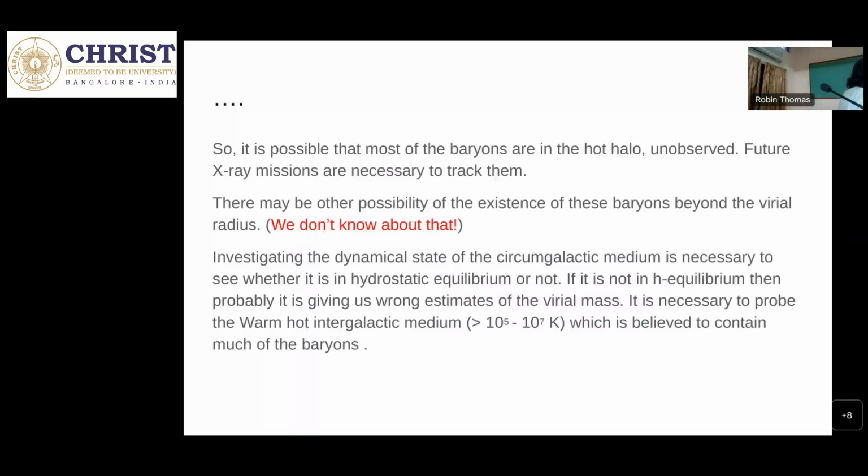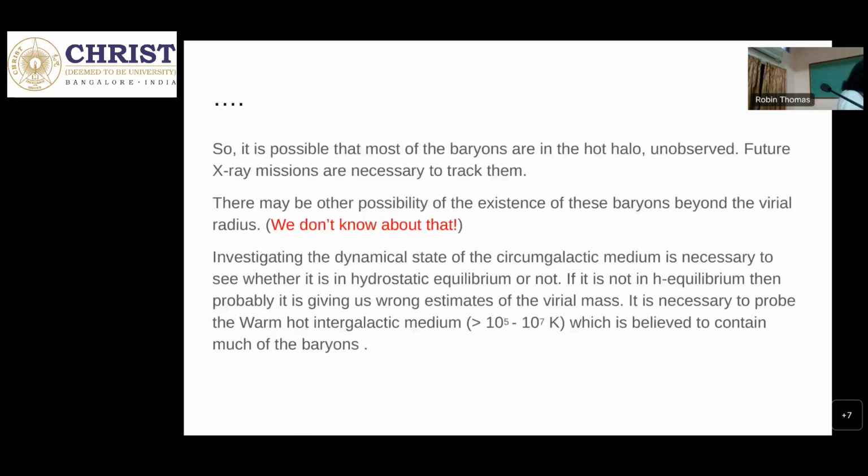But I think one big problem here is estimating the virial mass. We are assuming that hydrostatic equilibrium holds, that pressure and gravity balance, which gives us the virial mass. But suppose it is not true, suppose hydrostatic equilibrium is not holding, and the gas is either collapsing or expanding, like an oscillation mode.